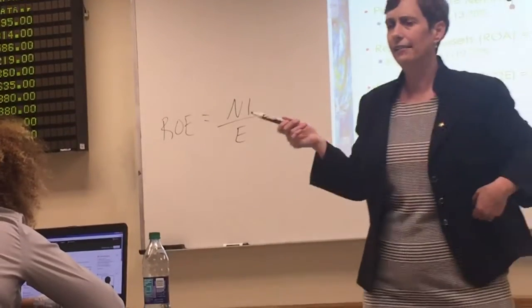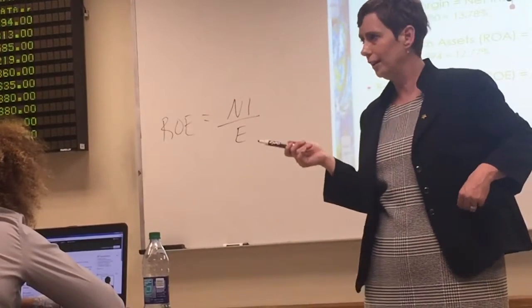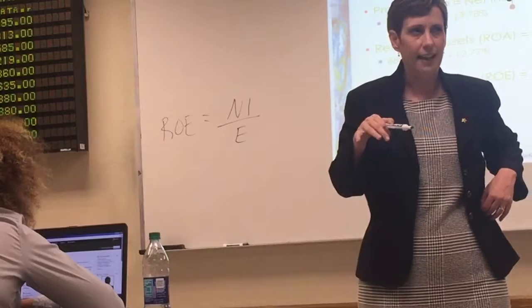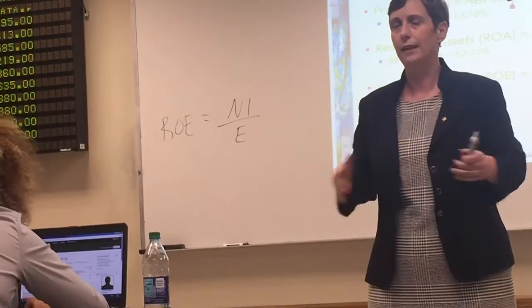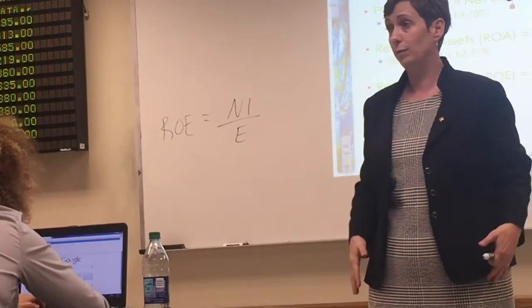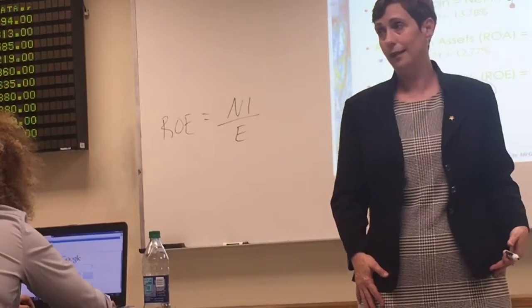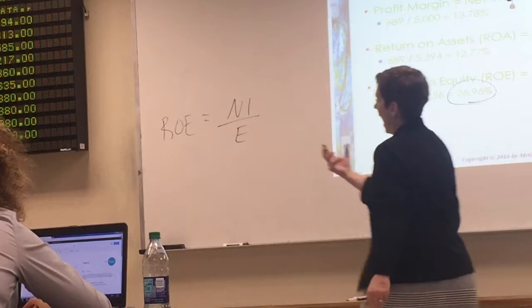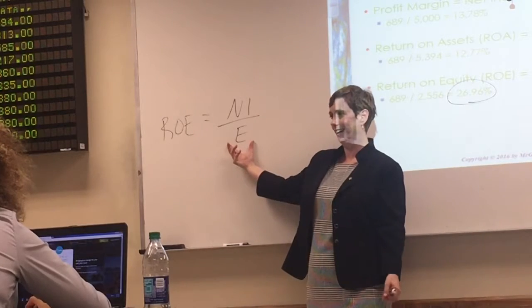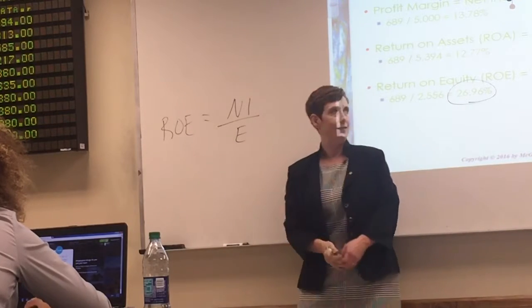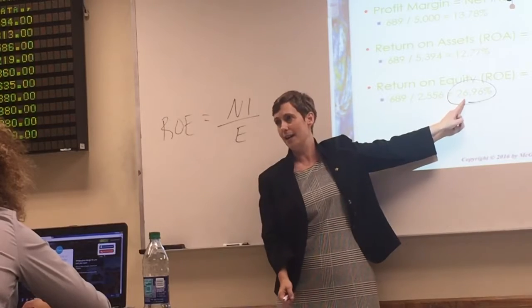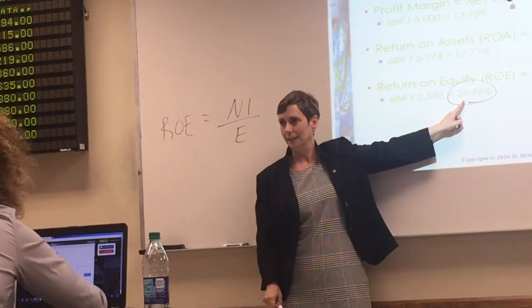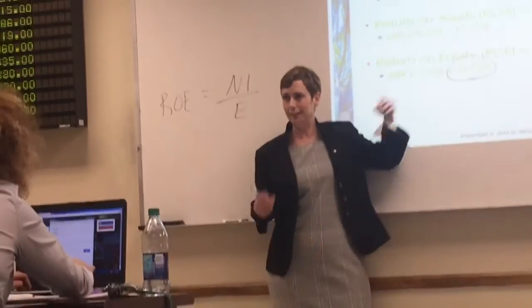About 53% of our assets were levered, 47% were being financed with money out of our own pocket equity. Does that make sense? Yeah. So you're taking basically half of your investment out here, and when you do that, look what happens to that number. You're doubling it. Does that make sense to everyone?